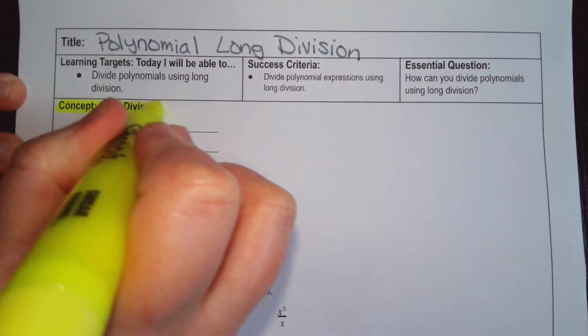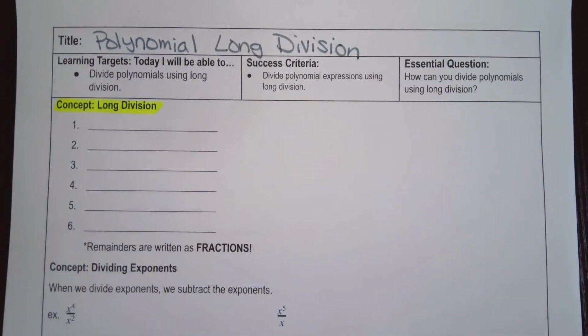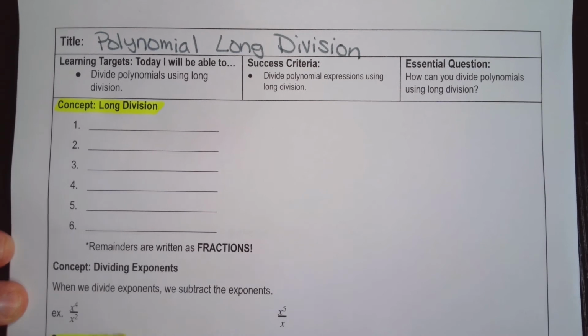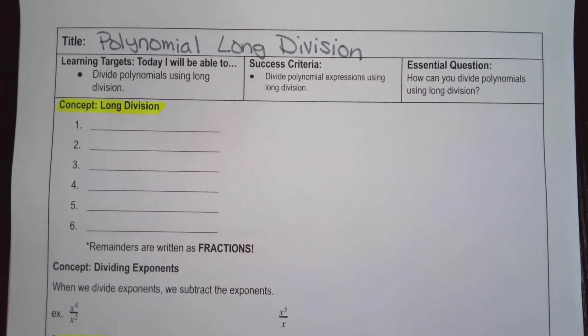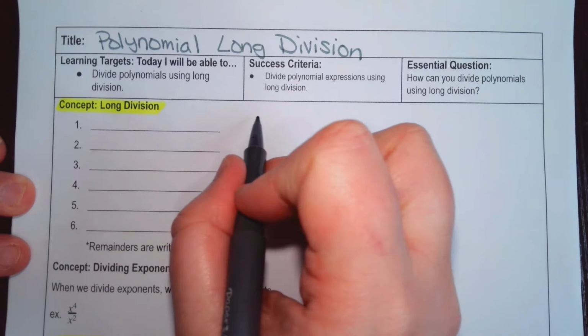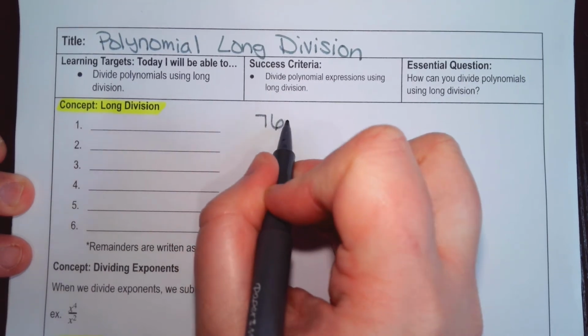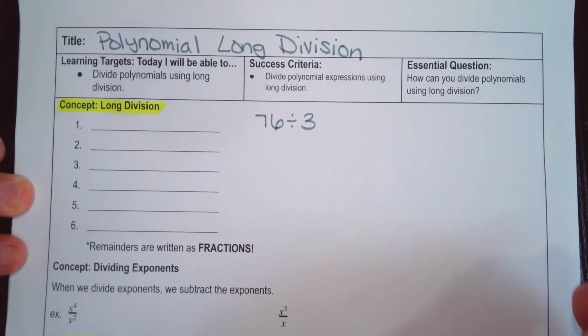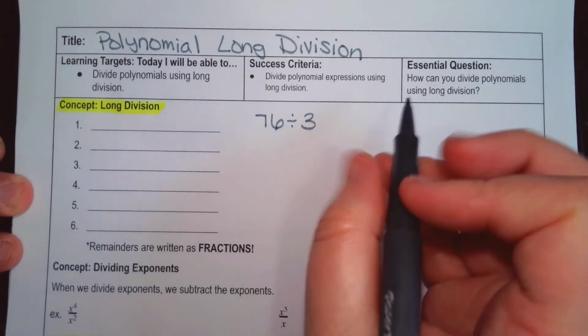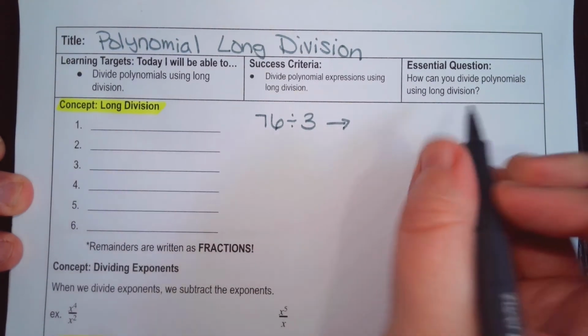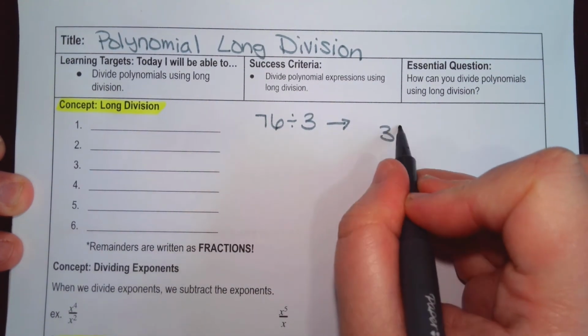So the first concept that we need to talk about is, do you remember what long division is? So we're going to practice and go through the steps of long division. So we're going to divide 76 divided by 3. But to set this up, it's going to look like this.